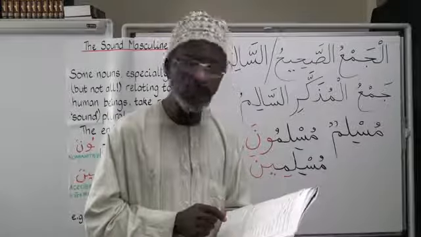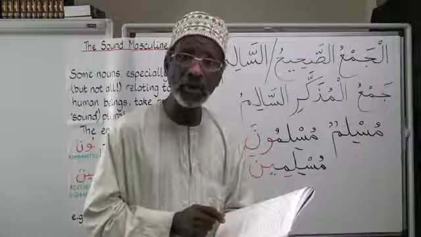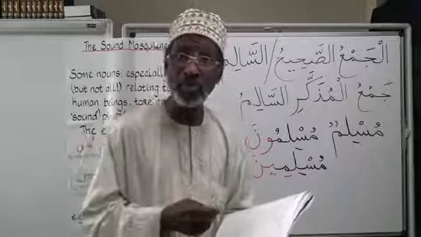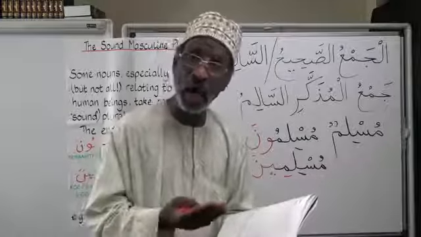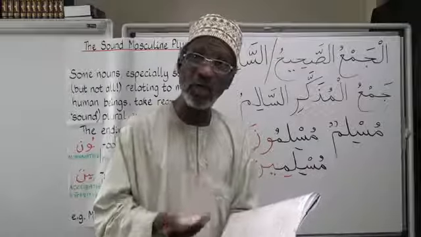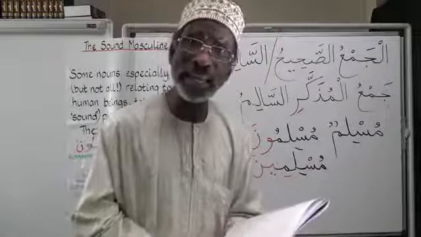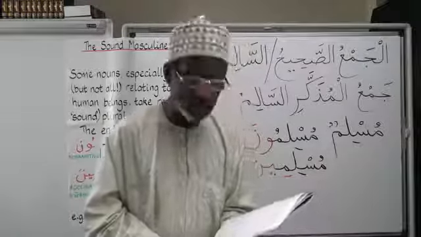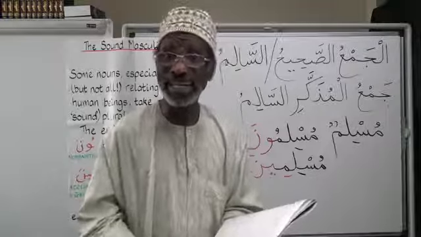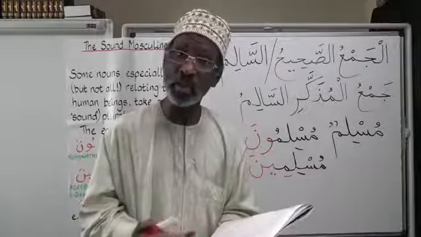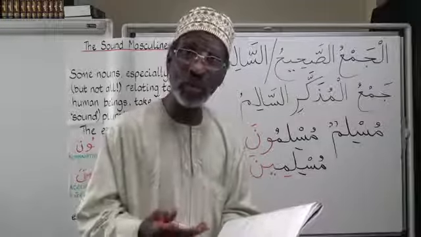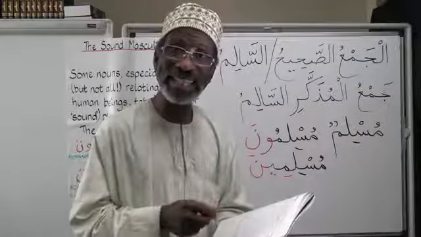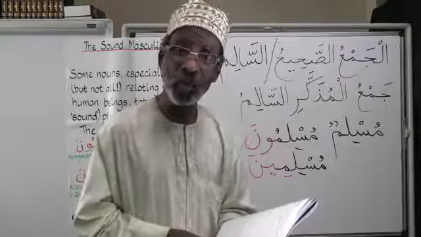Unknown sailor: unknown is majhulun, and you have mallahun. Mallahun majhulun, mallahuna majhuluna, and mallahina majhulina. Butcher, busy. Butcher is jazzarun. Busy is mashghulun. Jazzarun mashghulun, jazzaruna mashghuluna, jazzarina mashghulina.